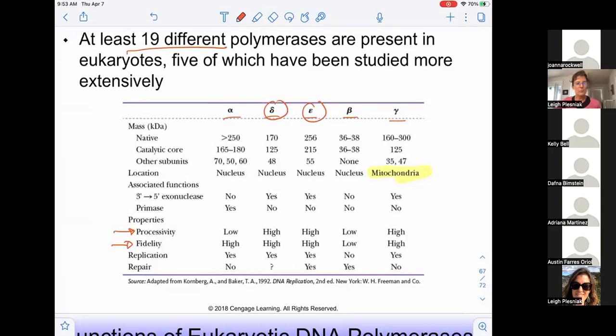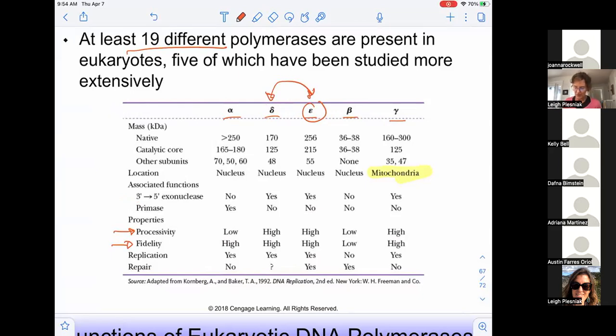And notice that most of them have 3' to 5' exonuclease activity. So I'd say looking at these two, delta and epsilon, those are the two that are most likely going to be the ones that copy the genome.